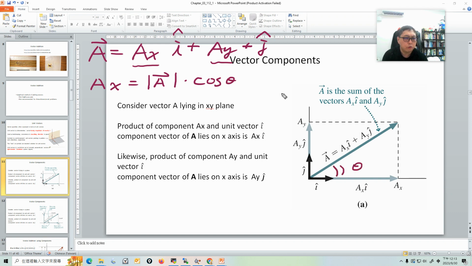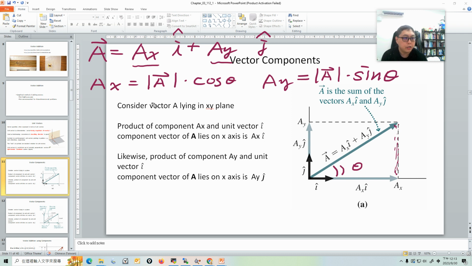And the value of the y component is the magnitude of A times sine theta. It's easy to understand, it's just a projection, using the trigonometric functions sine theta and cosine theta.